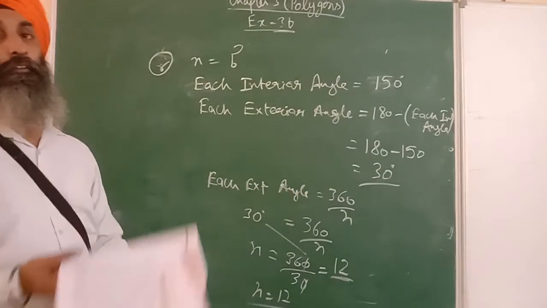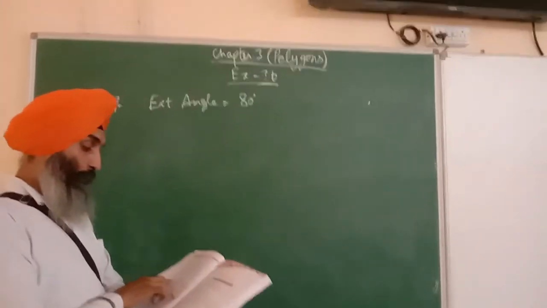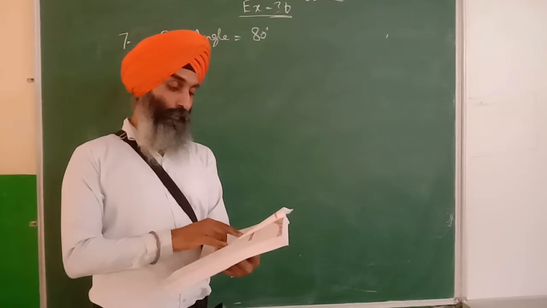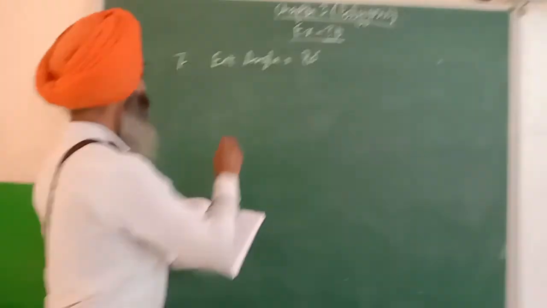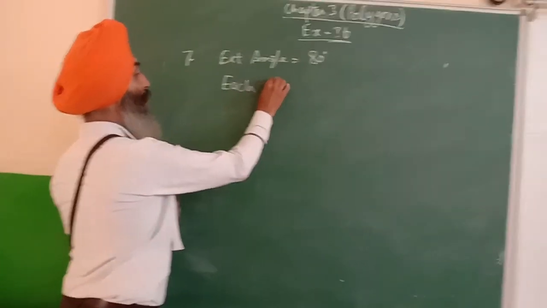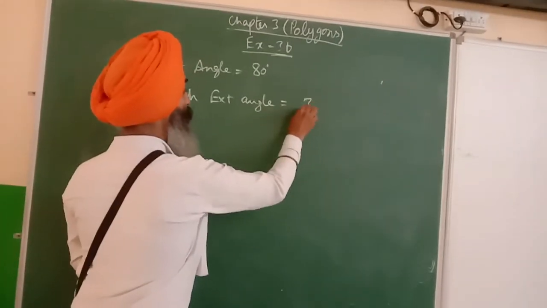Okay, everyone. So students, 7th question: is it possible to have a regular polygon each of whose exterior angle is 80 degrees? Let us find out by applying the formula of each exterior angle, which is equal to 360 upon n.